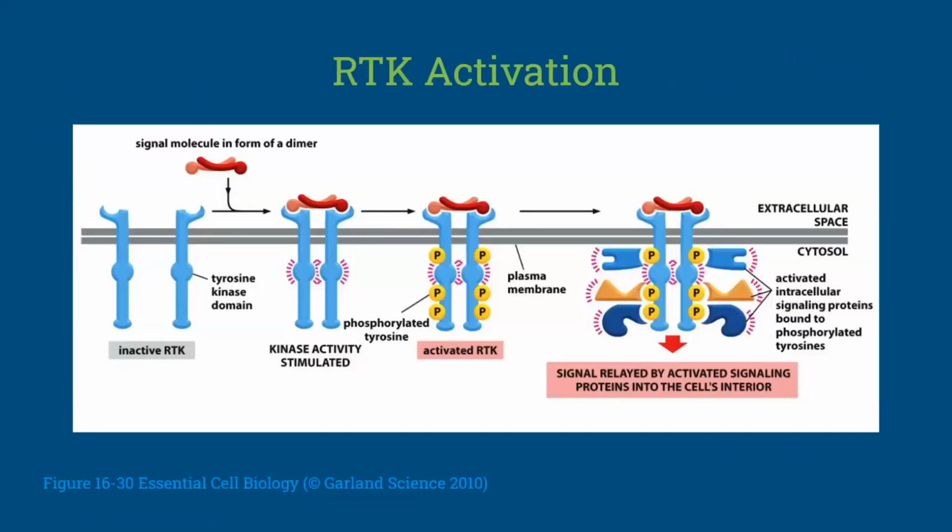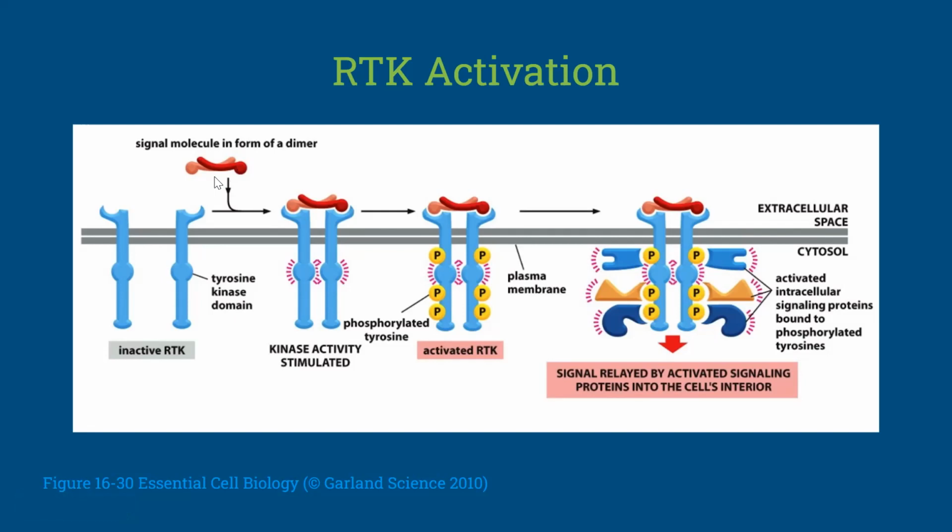Okay, so to get into the actual pathway, I think you guys can see my mouse, so I'm going to point with that. See the mouse? Yeah, okay. So basically, we start off with two inactive RTK molecules, and then the signal comes in the form of a dimer.